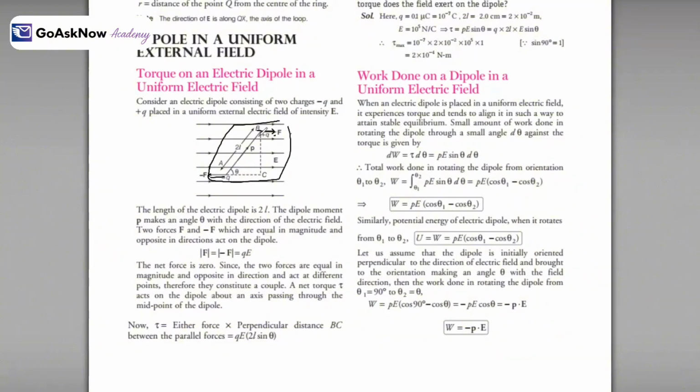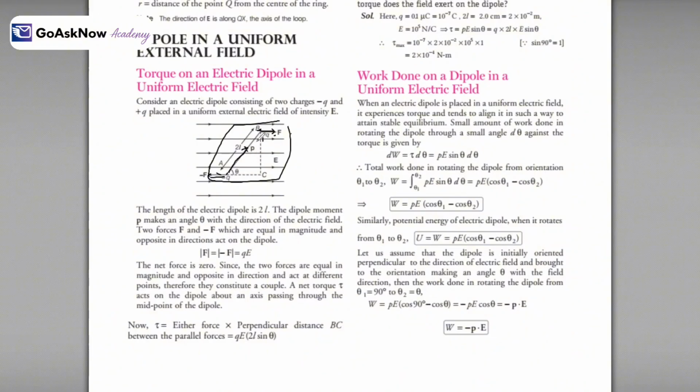But there is a couple acting on this system, because these charges are not separated; they act as one system, and the dipole moment acts in this direction, from minus q to plus q.